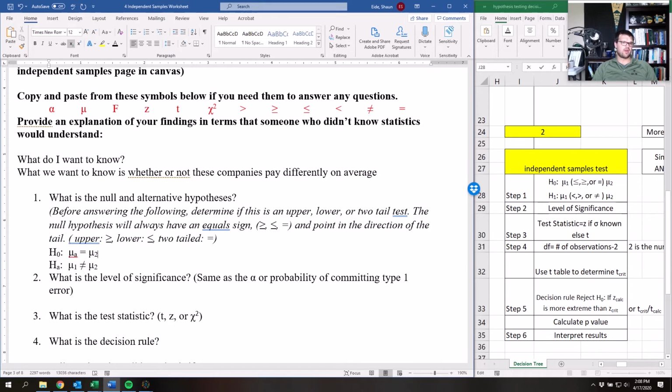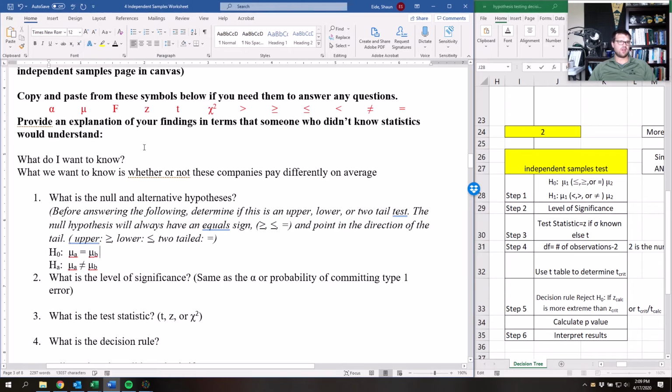Okay, and you can write this a few different ways. You can write it A and B, because we're dealing with company A and B. So mu sub A is equal to mu sub B for the null hypothesis.